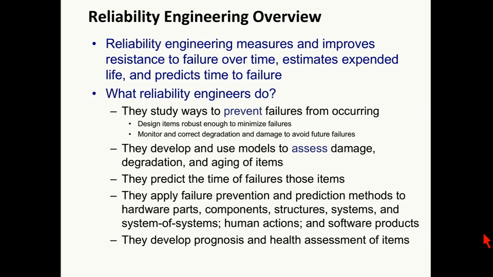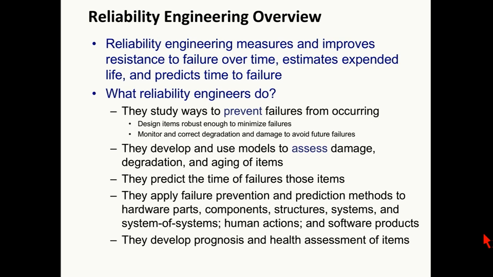Reliability engineers develop and use models to assess damage, degradation, and aging of items. When I'm talking about items, I mean a very broad definition of things such as hardware, software, human, structures, components, systems of systems.